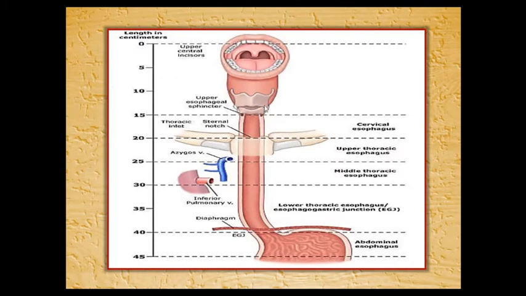It extends downward behind the trachea and the heart, passing through the diaphragm to reach the cardiac orifice of the stomach, which corresponds to the body of the 11th vertebra. This is in the adult. But in the newborn infant, it starts from the 5th cervical vertebra and ends at the level of the 9th thoracic vertebra.